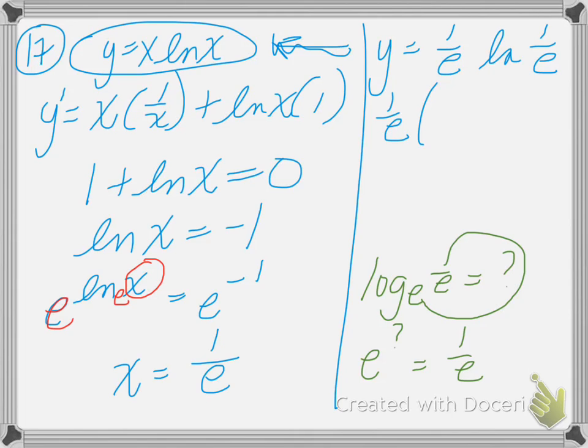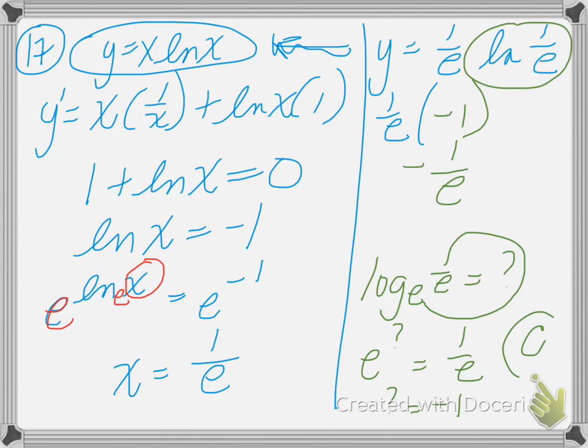Wouldn't the question mark have to be a negative 1? Because if the question mark equals negative 1, e to the negative 1 is 1 over e. So this piece here, ln of 1 over e, is equal to negative 1. So you get a negative 1 over e, and that was choice C.